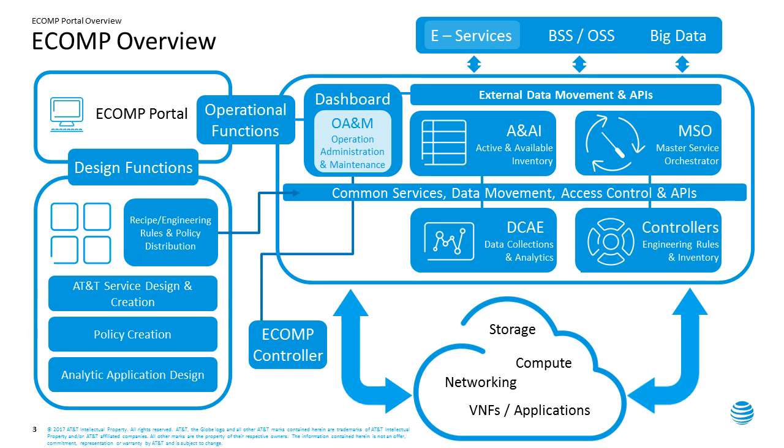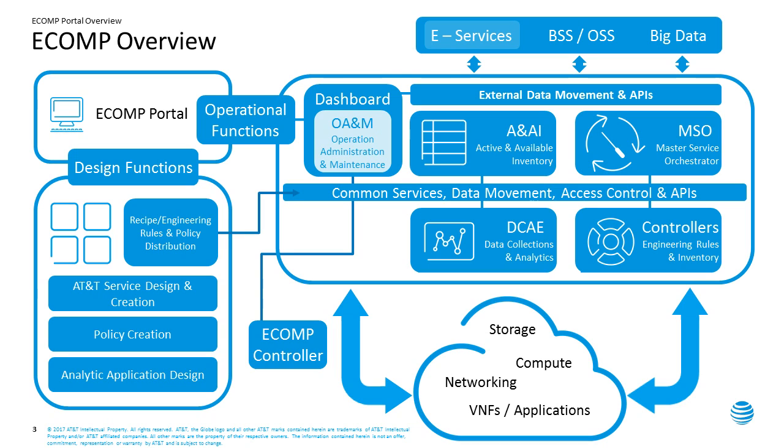So to give you an overview of ECOMP and where ECOMP portal fits in, essentially ECOMP is divided into two major functions. On the left bottom, you can see there are design time functions, and on the right side, you can see operational functions.